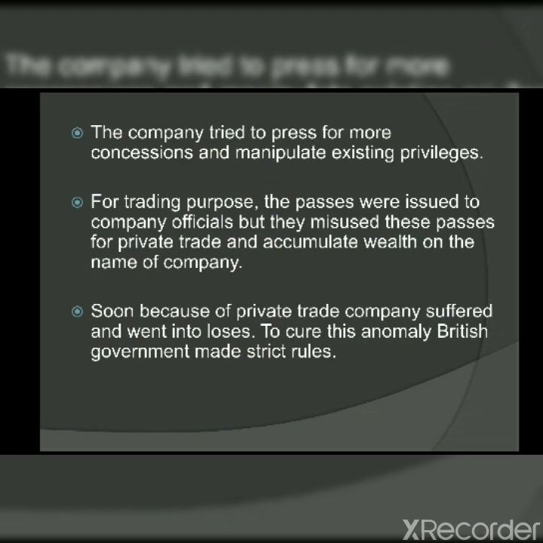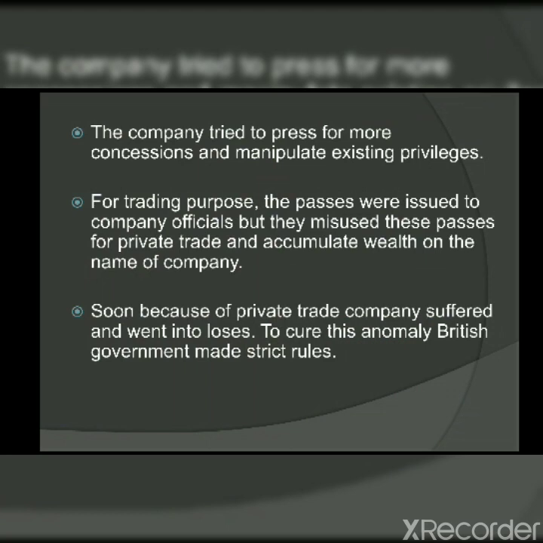The company tried to press for more concessions and manipulate existing privileges. So there were many privileges, children, that the East India Company had to trade. But they wanted more concessions, and they wanted to manipulate the existing privileges. That means the rights that they had to trade, they wanted to make changes in them.